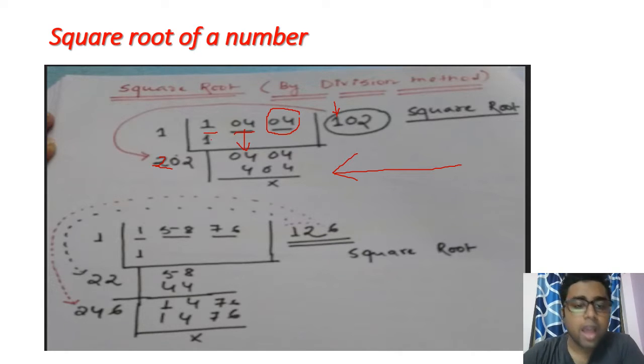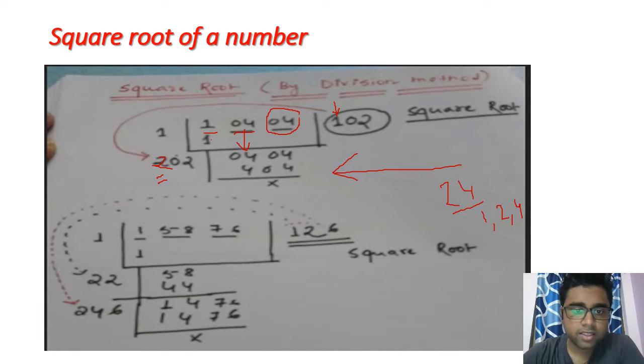Now we have to put some number here, like 1, 2, 3 or 4, and multiply this whole number with the second number, that is either 1 or 2 or 4.